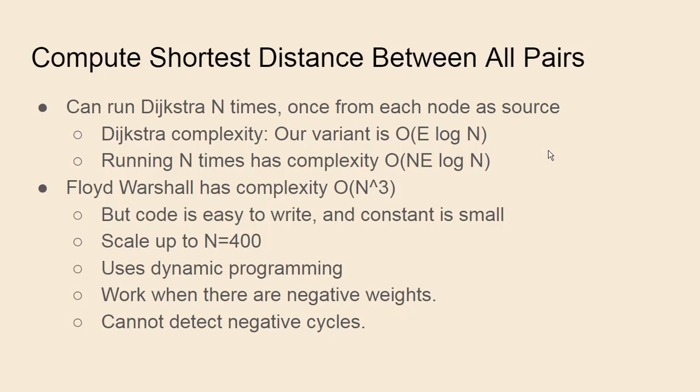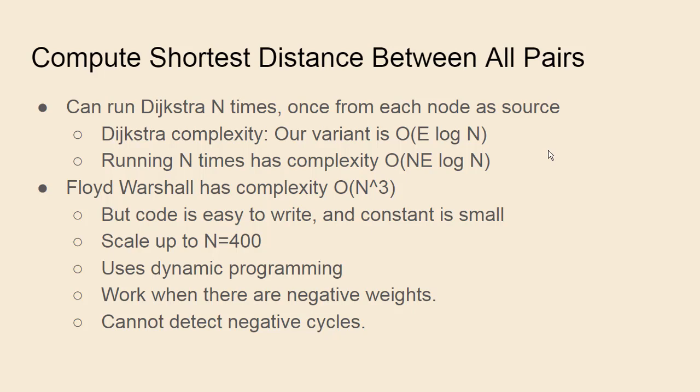The algorithm is correct even when there are negative edge weights. Dijkstra may not be correct when some of the edge weights are negative. However, Floyd Warshall cannot detect negative cycles. Essentially, if you have a negative cycle in a graph, then the concept of shortest distance becomes meaningless, because once you get on the cycle, you can go around, and the distance will just be smaller and smaller.